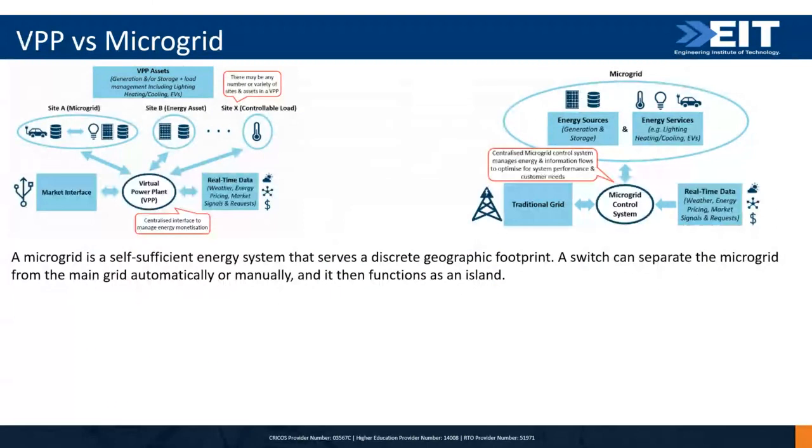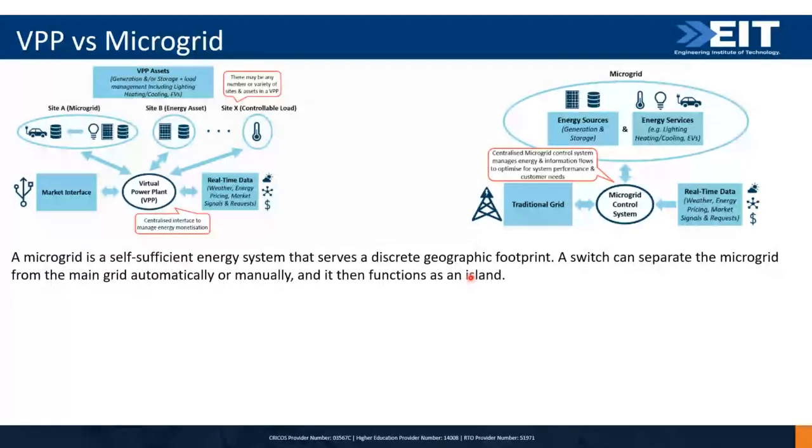Now, another challenge for VPPs is that similar technologies can be a competitor for VPP, for example, microgrid. As you may know, a microgrid is a self-sufficient energy system that fits the loads in a specific location, for example, a college campus, or a hospital, or a shopping center.